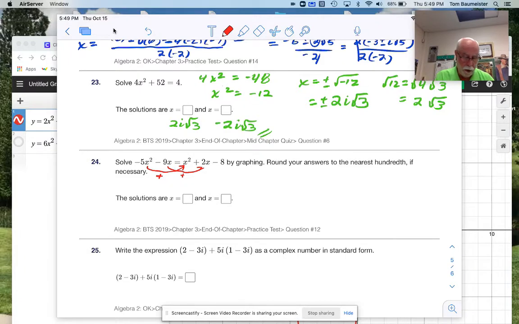So 5x squared plus x squared is 6x squared, 2x plus 9x is 11x, and then I have the minus 8. Since I'm solving it by graphing, I set it equal to 0, and they say round to the nearest hundredth, so use the correct rules of rounding.